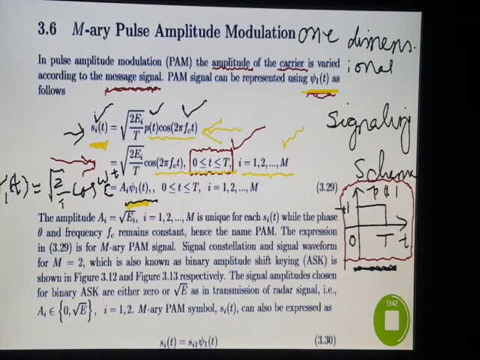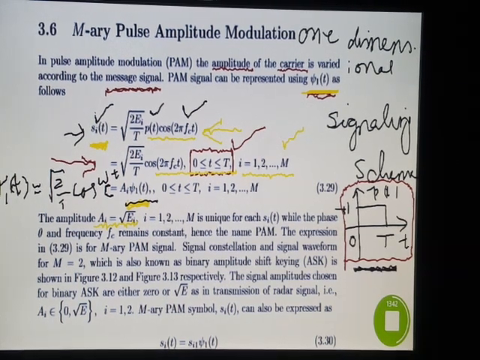Now the amplitude A_i is the square root of E_i, and i is from 1 to M. So we can take the value of M equal to 2, M equal to 4, M equal to 8, and so on.